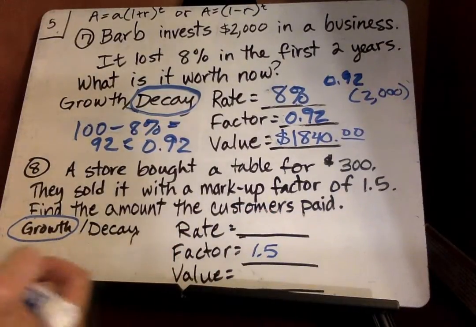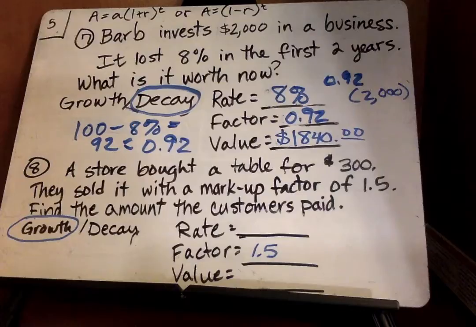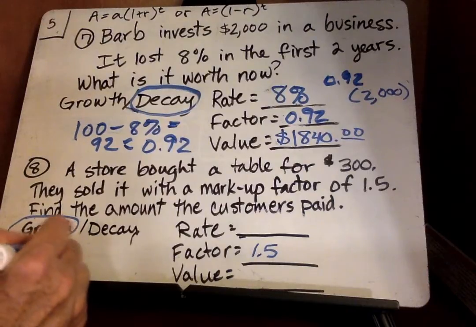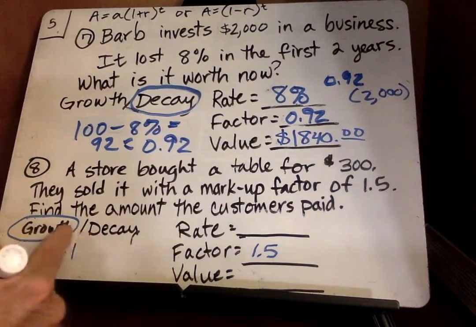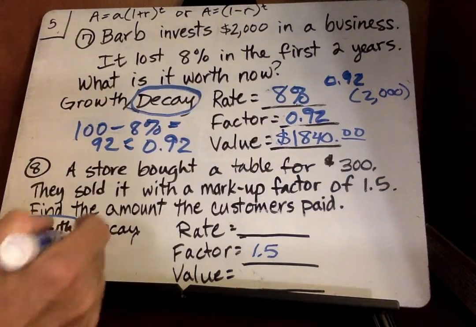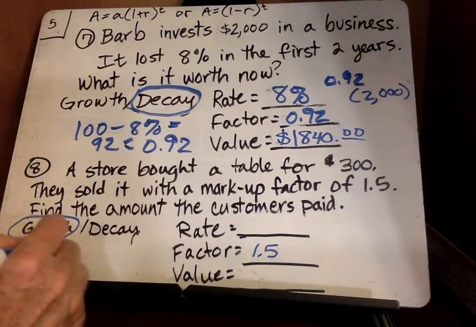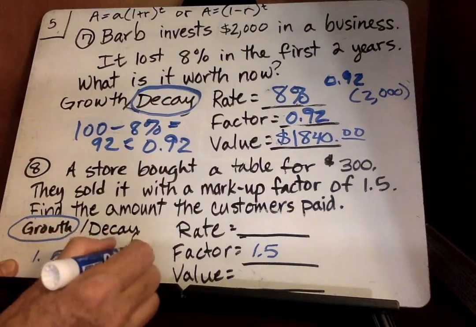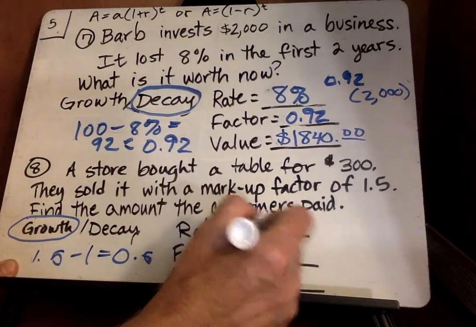So the rate is the factor minus 1. 1.5 minus 1 equals 0.5. So it's an increase of 50%.